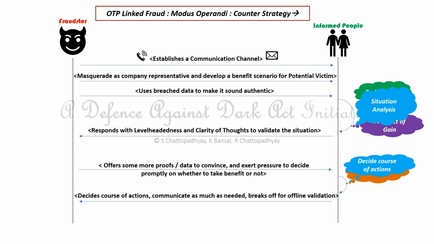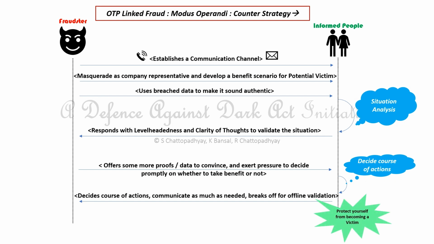So, what would be a counter strategy for this? The counter strategy would definitely require thorough situation analysis and due diligence in deciding the course of action. The situation analysis should give enough pointers to understand what sort of legitimacy there is in the scenario that is being described to you.